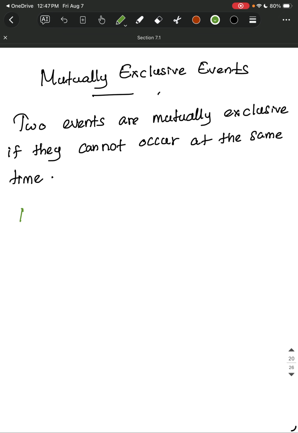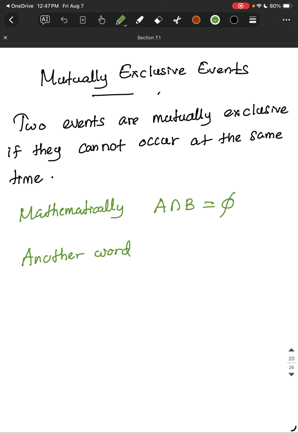Mathematically, A intersection B equals empty. Another word for mutually exclusive is disjoint. They share no common outcomes. Let's see the example.